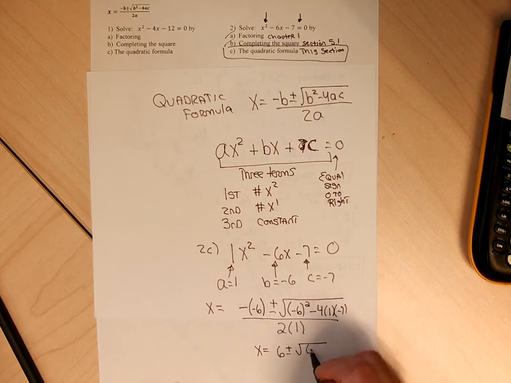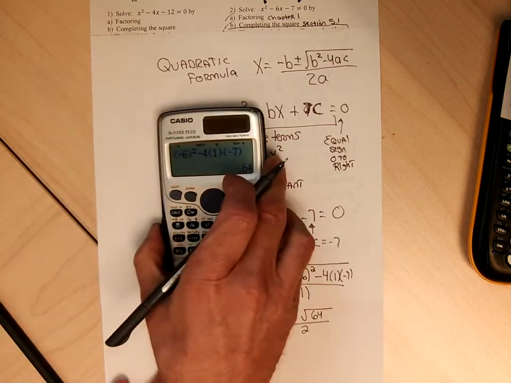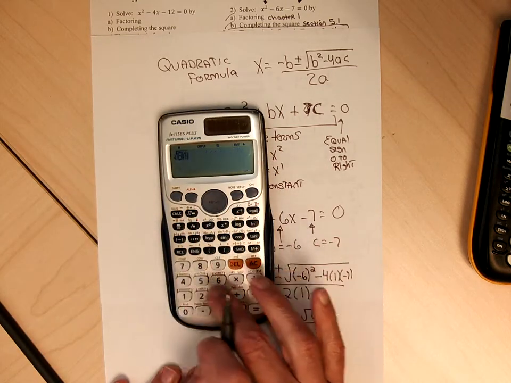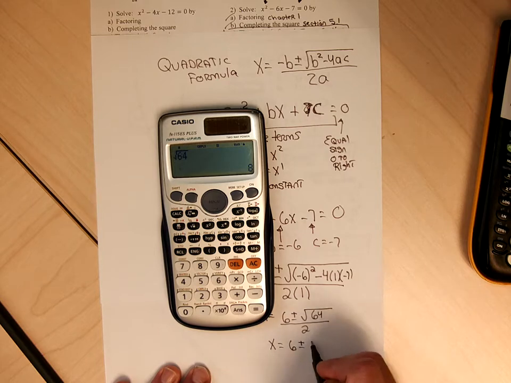So I'm going to write a 64 in place of that expression under the square root, and the denominator is 2 times 1. I can do the square root of 64 on my calculator if I don't know it. This gives me x equals 6 plus or minus 8 over 2.